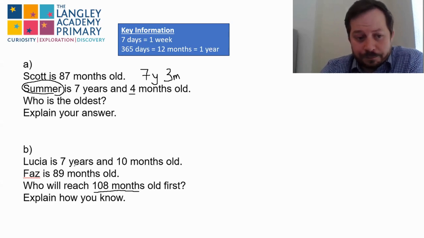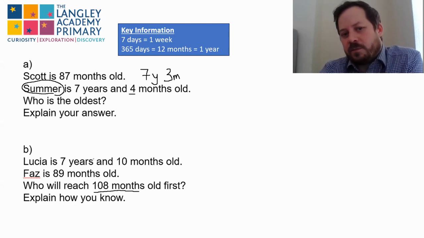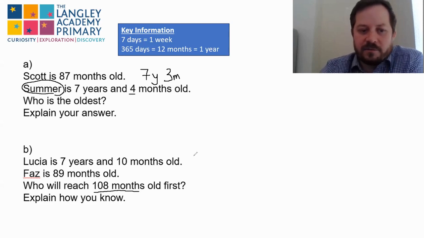We look in the next one, we've got 7 years and 10 months. 10 months we leave, we're going to add it on to the 7 years. 7 years, 7 times 12 is 84. So we've got 84 months plus those 10 months. So in total, Lucia is 94 months old.